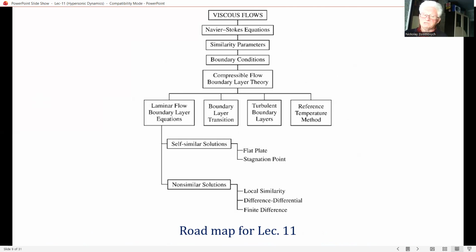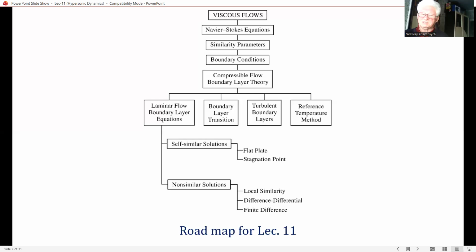The Navier-Stokes equations are the general governing equations for viscous flow, and we start with them. From these equations, we extract the similarity parameters for compressible viscous flow, one of the most fundamental considerations. We also examine the boundary conditions that necessarily go along with the Navier-Stokes equations.